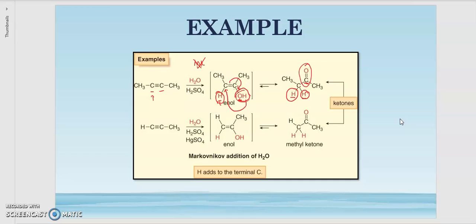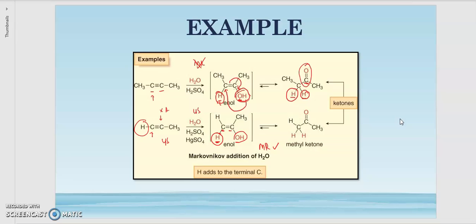This one is a terminal alkyne, meaning that this carbon has one hydrogen and this carbon has no hydrogens, so it is unsymmetrical. H2O is unsymmetrical, so here the Markovnikov rule is applied. OH must attach to the carbon with fewer hydrogens, so hydrogen will attach to the carbon with more hydrogens. This carbon has one hydrogen, so another hydrogen will attach here. This one has fewer hydrogens, so OH will attach to it.